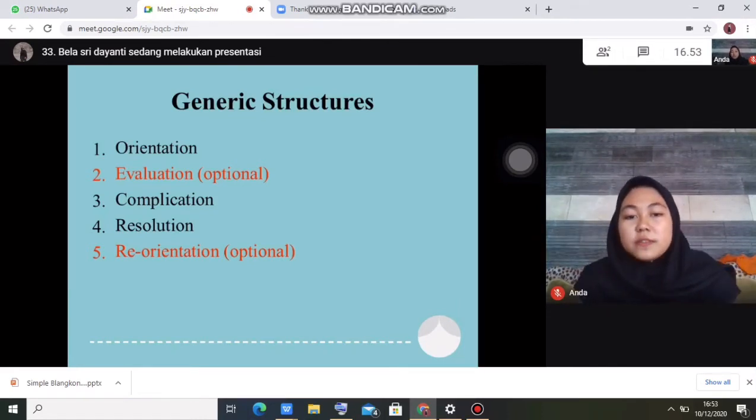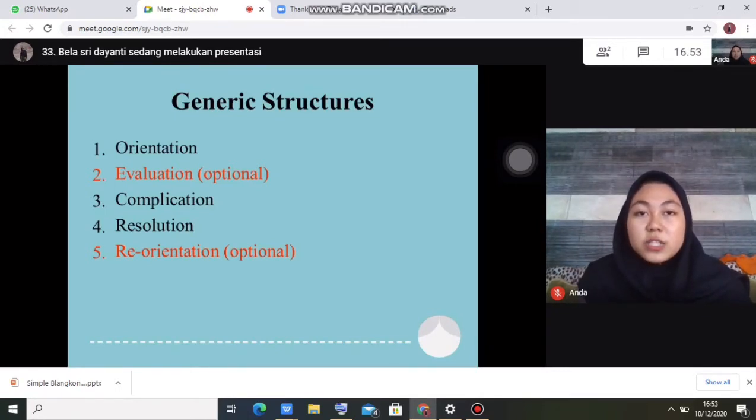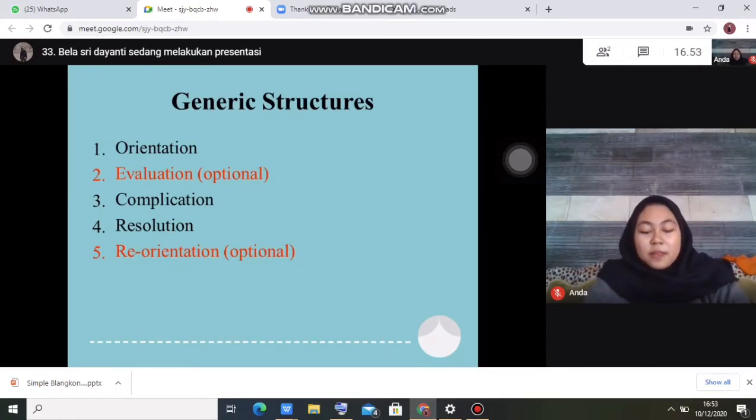The third is complication. Complication describes the crisis that occurred to the main character. Fourth is resolution. Resolution is the crisis being resolved for the character, which is also the end of the story. And the last is reorientation. Reorientation provides a general reason or comment, optional.